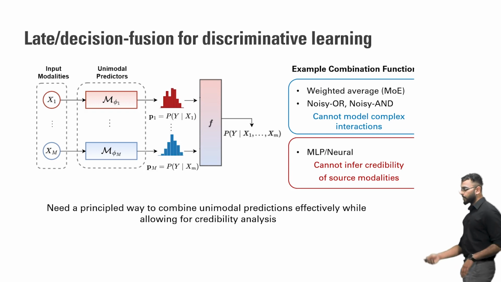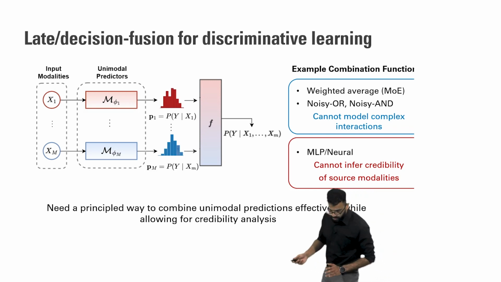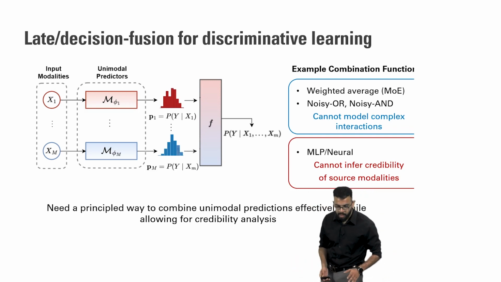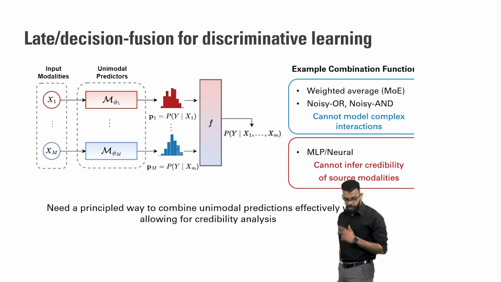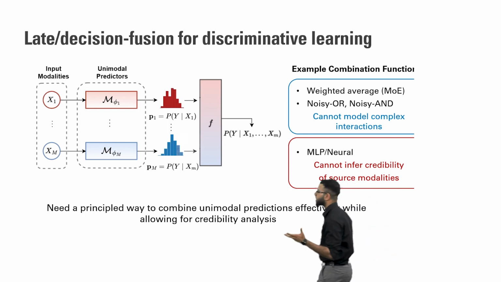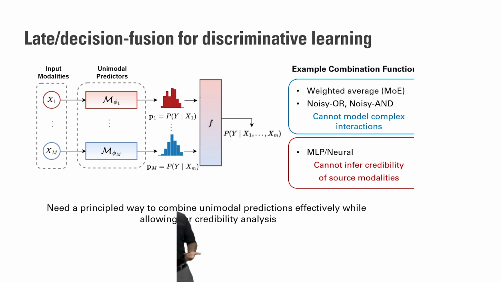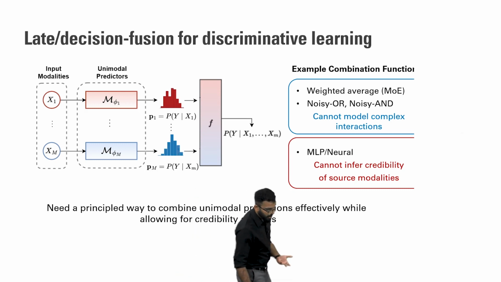So what people have typically looked at is using things like weighted average, noisy-OR, or even MLP and neural models as this fusion function. But while simple models like weighted average and noisy-OR can give you some notion of importance and credibility of a particular modality, they are not as expressive as neural transformations.